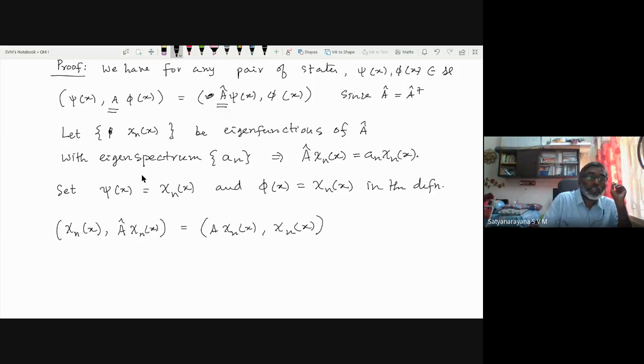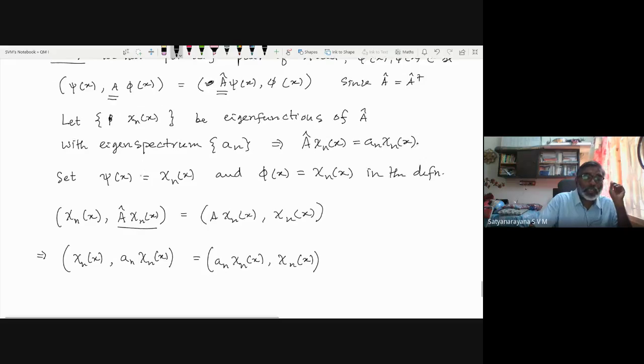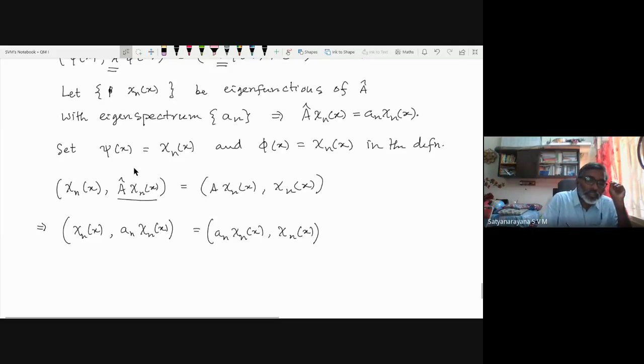I'm taking chi n of x for both psi and phi. But because this is an eigenfunction of A, this is nothing but (chi n of x, a n chi n of x) is equal to (a n chi n of x, chi n of x). Notice a n is just a number, a scalar. If I pull out a scalar, this is equal to a n (chi n of x, chi n of x).